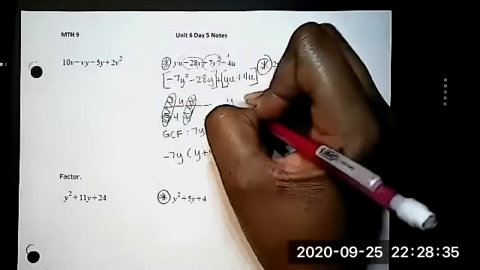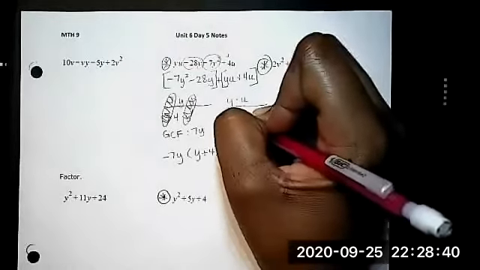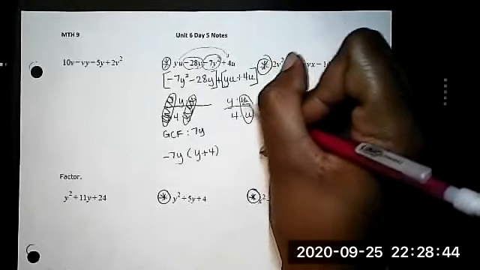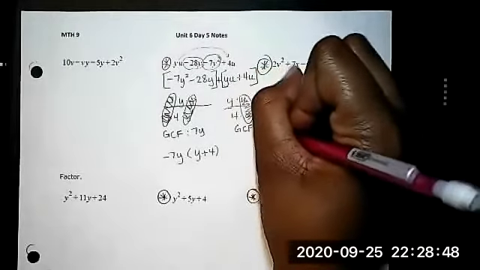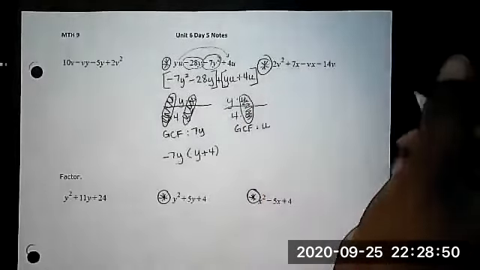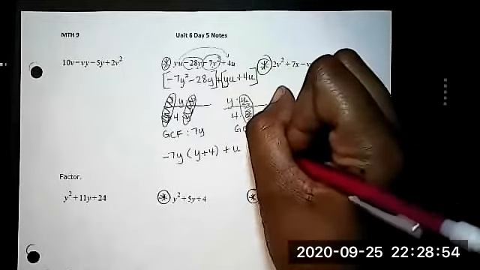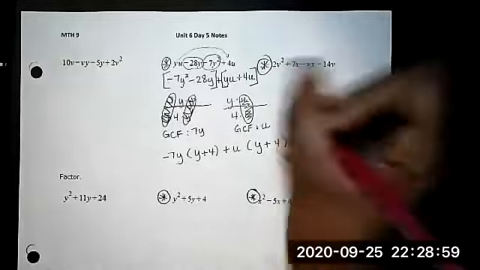For this one, it's going to be y times u over 4 times u, and I'm taking out the u's, okay? So my greatest common factor is u. And so I'm going to put plus u here. What is left over? y plus 4, okay?